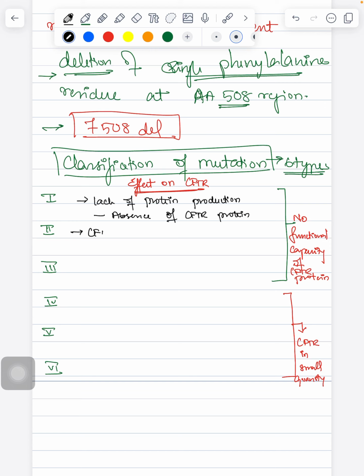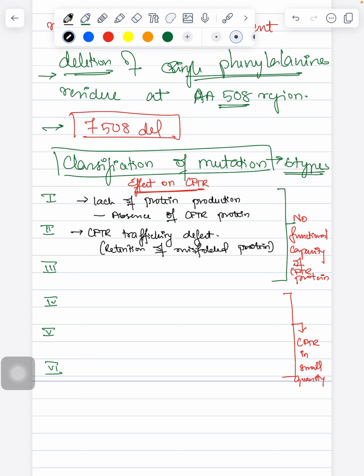There is a CFTR protein trafficking defect that will cause retention of the misfolded protein, the protein that is not formed properly.